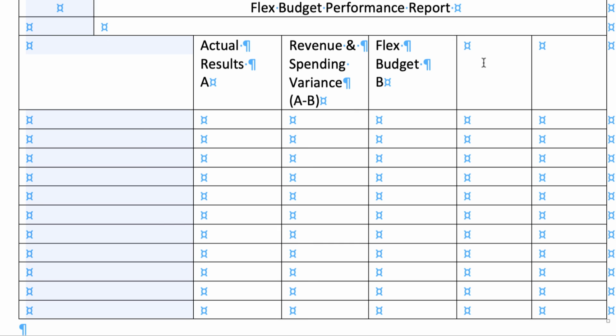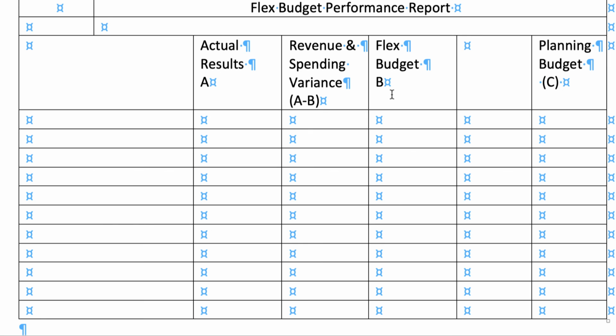Okay, so now we have column A, column B, and now we need to do column C. Well, column C is going to be our planning budget, and that goes all the way at the end. And this is going to be column C.